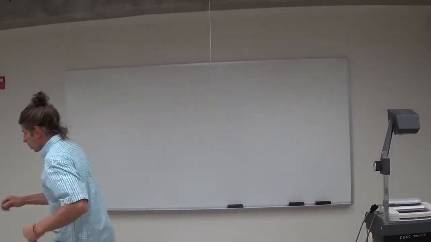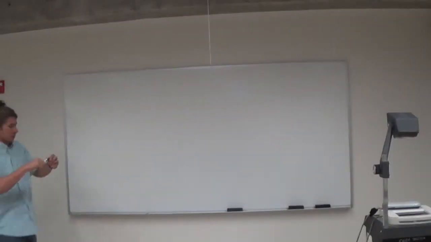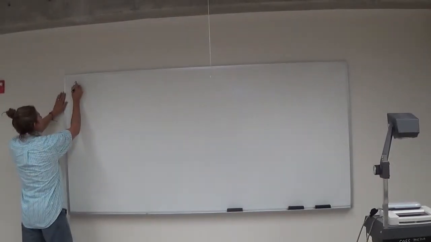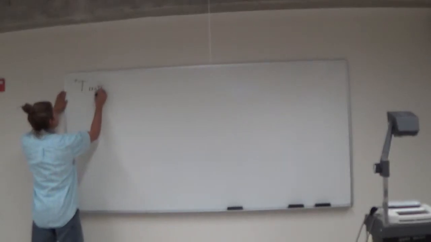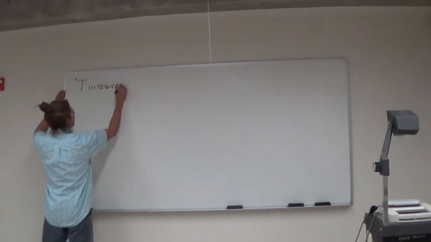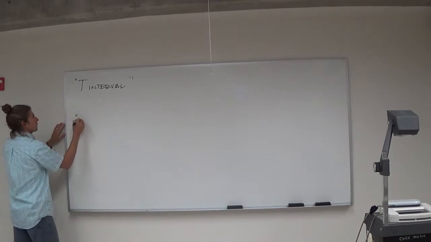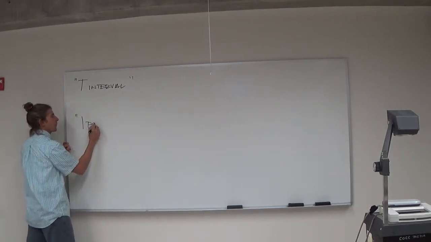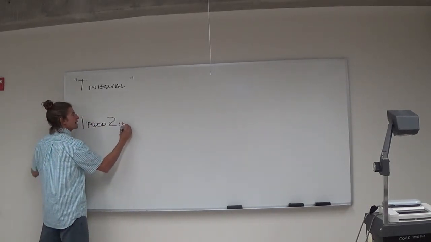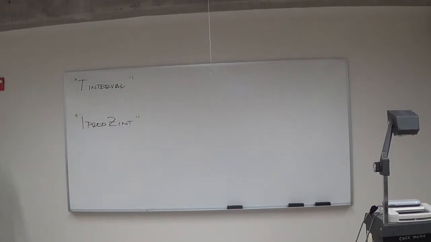I keep saying these two terms, t interval and z interval, so this is the conversational t interval. And the z interval term is one prop z int. So we'll often be throwing around these terms in class conversationally, because that's the technology we're using in class.